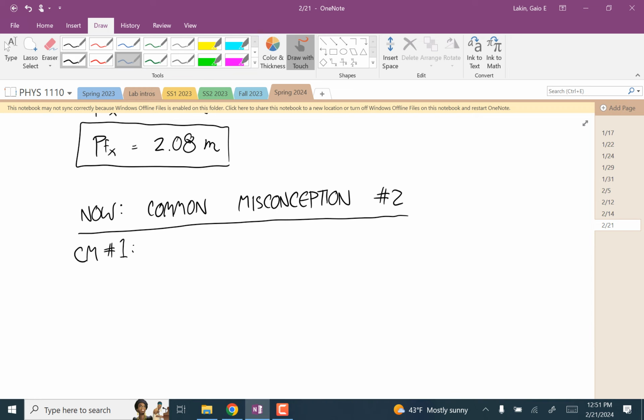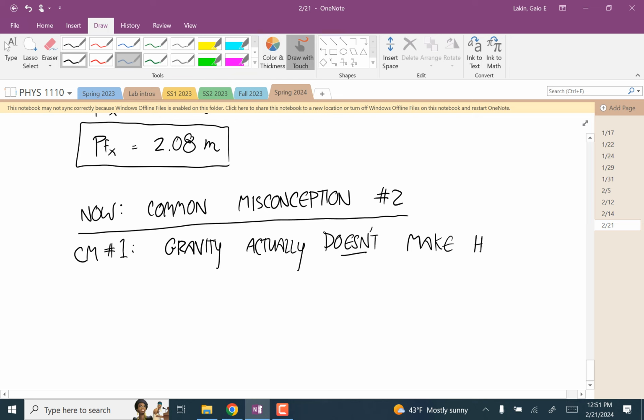That gravity makes heavier things fall faster. That's what people think. So I'll just write what's true. Gravity actually doesn't make heavier things fall faster. In fact, not all heavier things fall faster than lighter things. When it does happen that heavier things fall faster than lighter things, it's an air resistance effect. It's not because of gravity at all.